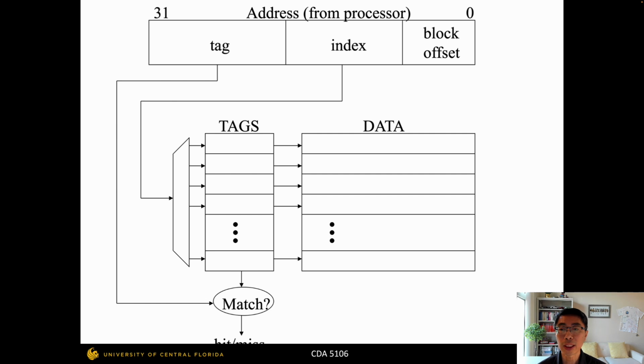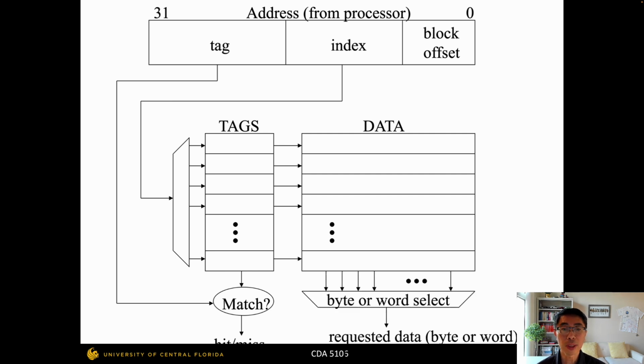Then we read out the tag and compare it against the tag requested by the processor's load or store to determine whether we have a hit or a miss. If we have a hit, we also read the data block from the activated set, choose the correct bytes or word using the block offset bits, and return that to the processor.